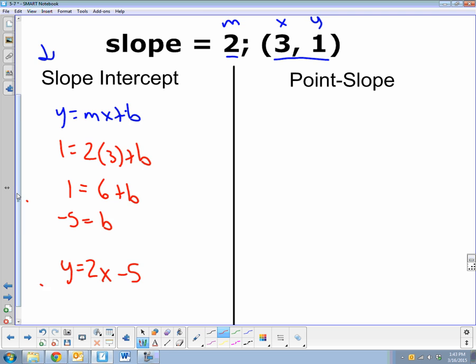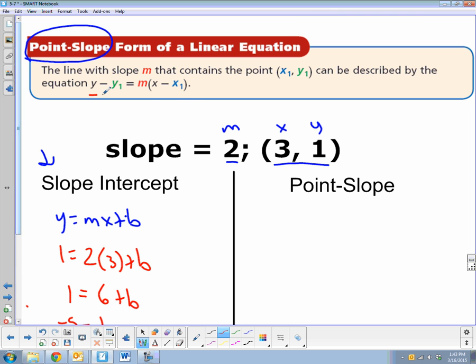What point-slope form says is that we can use this. It's a little bit longer, but you'll see how it works here in a second. So if I fill in the blanks again, we're given a slope, m, we're given a point, x1, y1. So this is now x1, y1. That's our point, x1, y1. So if we use the point-slope form, we're going to follow that formula.